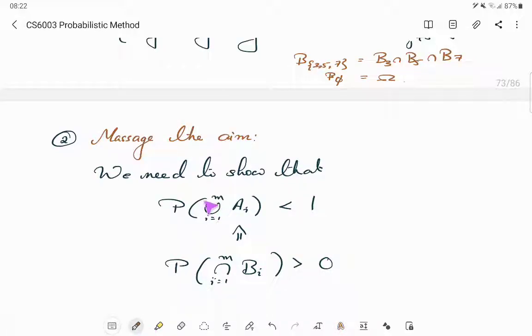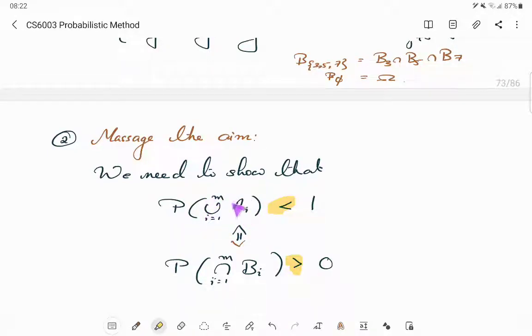So this is what we want to show, that the probability of the union is strictly less than 1, okay, remember the strictly. Now, this is equivalent to showing that, in fact, there's a two-way implication. This is equivalent to showing that the intersection of Bi's has a strictly positive, again the strict is important, probability. This is just De Morgan's law.